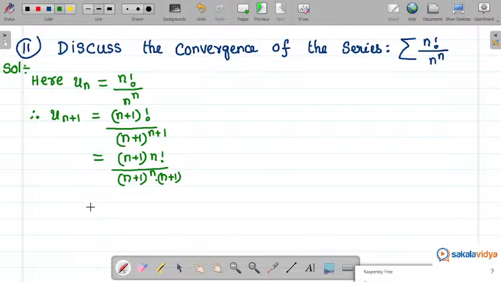Clear? So now we need to evaluate the value of un divided by un plus 1.